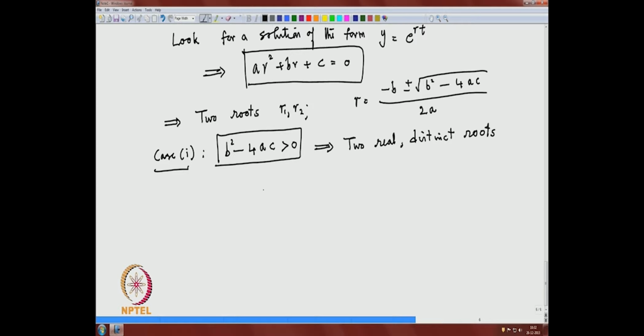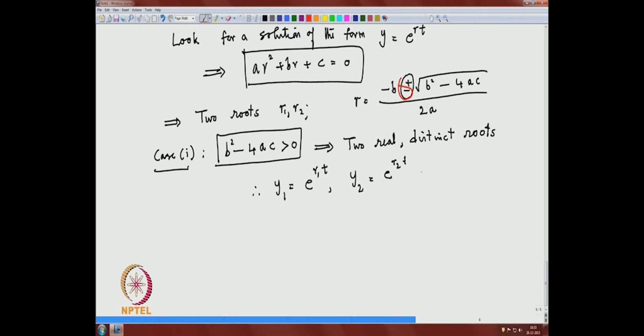Distinct roots, therefore, y1 equal to e power r1 t, with a plus sign here, and y2 equal to e power r2 t, with a minus sign here.